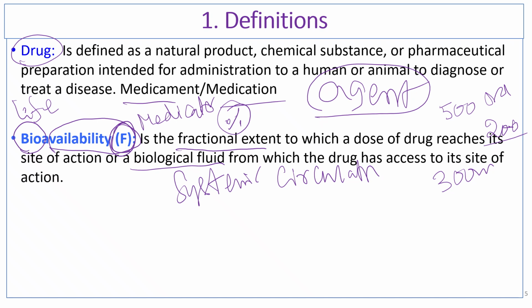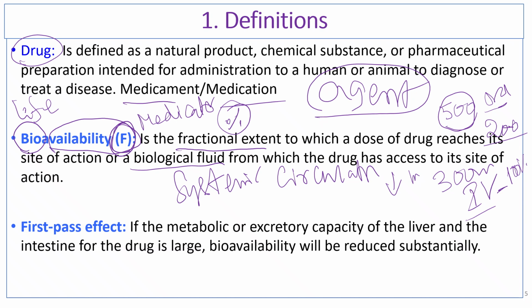That means with the oral route, there is a decreased bioavailability. You are not giving the entire 500 milligrams; it won't reach systemic circulation. Whereas with some routes of administration like the intravenous route, IV, you are giving the entire medication to the systemic circulation. So that means IV is 100% bioavailability. Make sense?